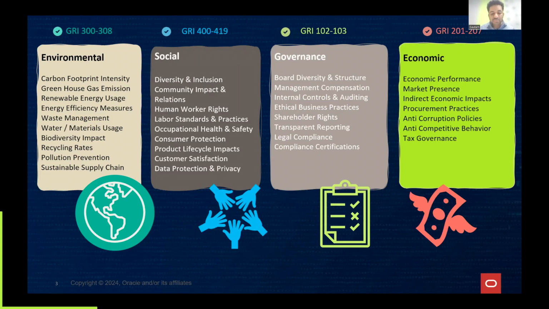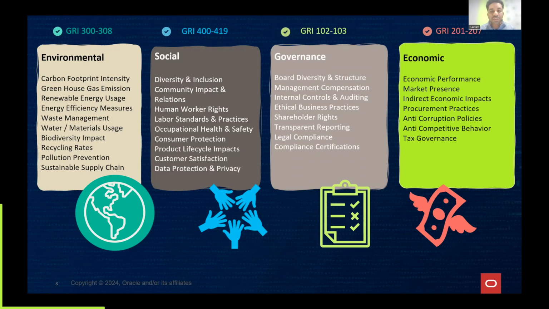So these frameworks basically enable you to keep a watch on your global carbon footprint by making sure you collect information based on the current carbon footprint that we have, the greenhouse gas emission related information, the various energy related usages.